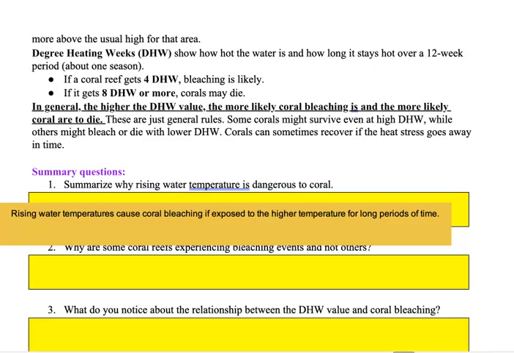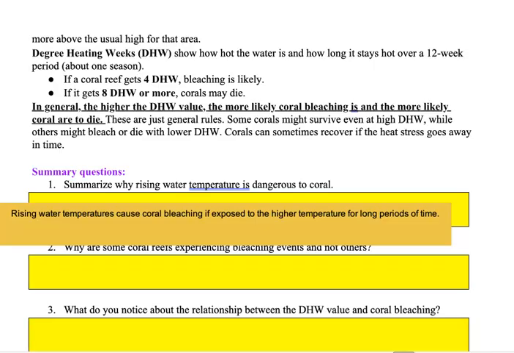Okay, here we go. Why are some coral reefs experiencing bleaching events and not others? So the text said above that these are just general rules. Some corals might survive even at high DHWs, while others might bleach or die at lower DHWs. So I think it's also going to depend.